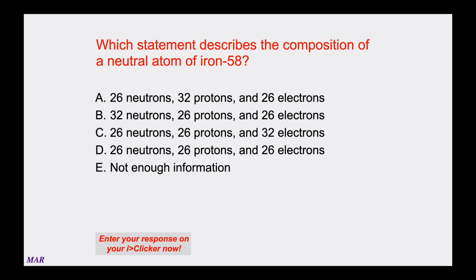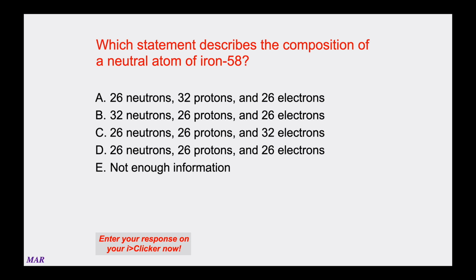I'm going to assume at this point that you have worked on this question and you've got an answer, so let's see how you did. The first part of this question says we have a neutral atom, and a neutral atom can only happen when the protons and electrons are equal to each other. So if you look at these answers, two of them right away are not going to happen.